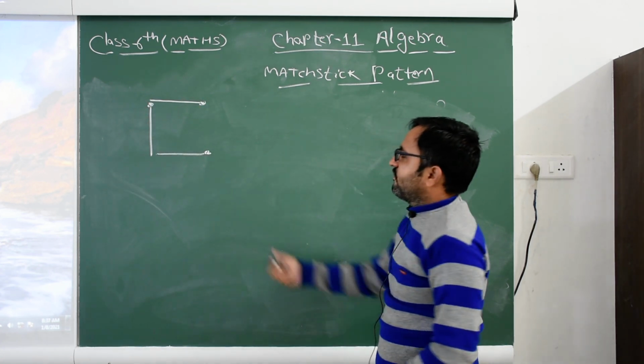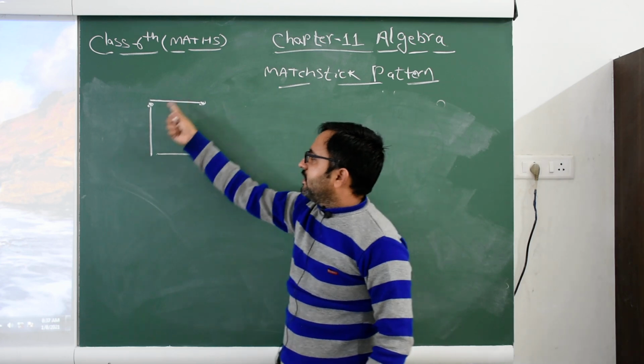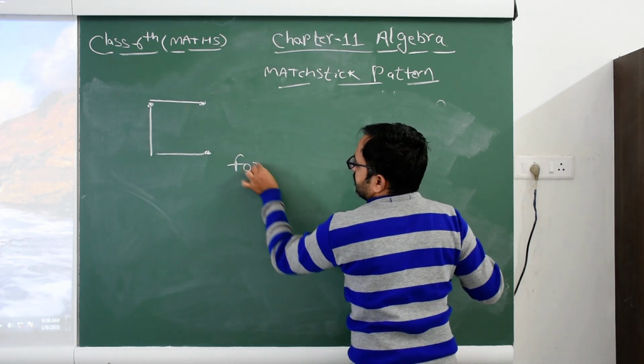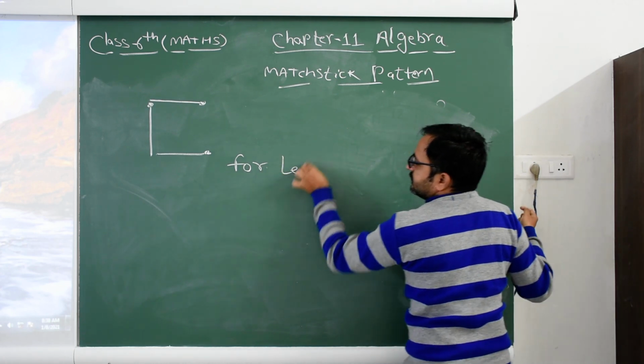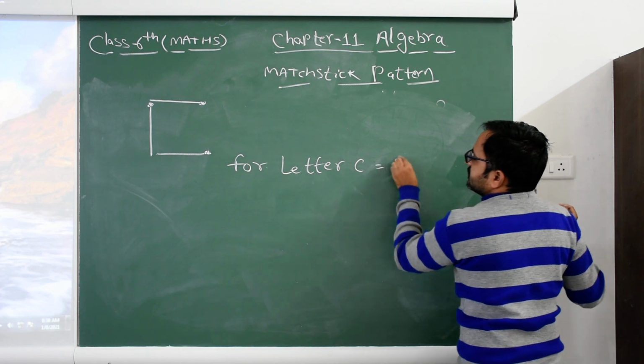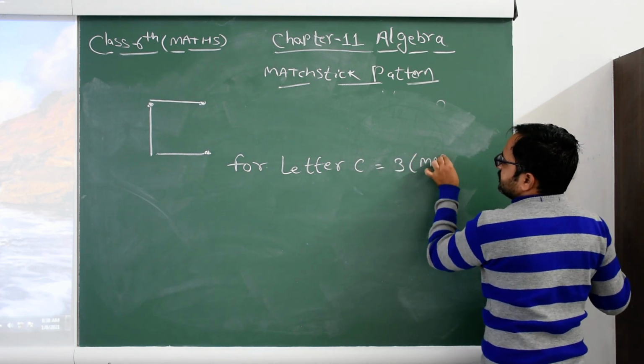For the first C we use 1, 2 and 3 matchsticks. For letter C we use 3 matchsticks.